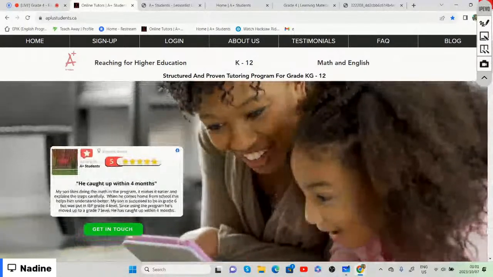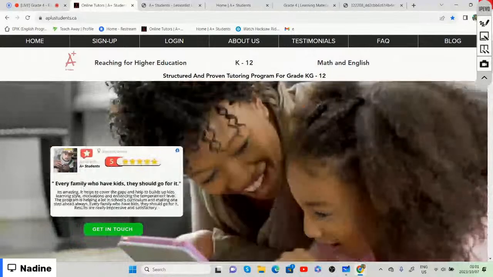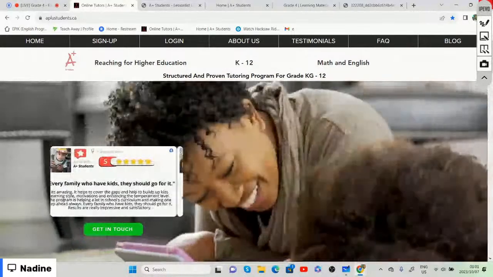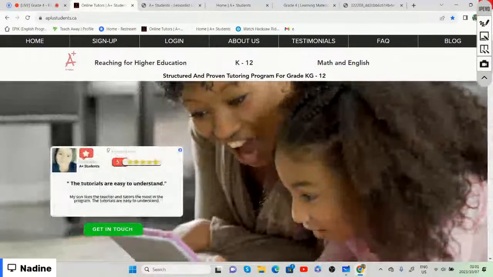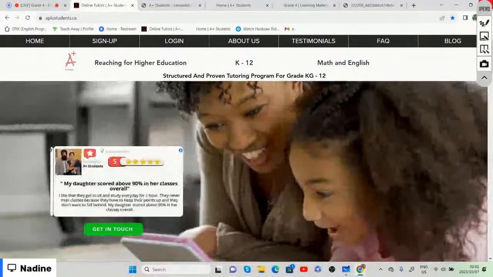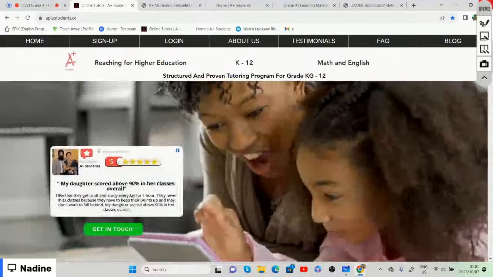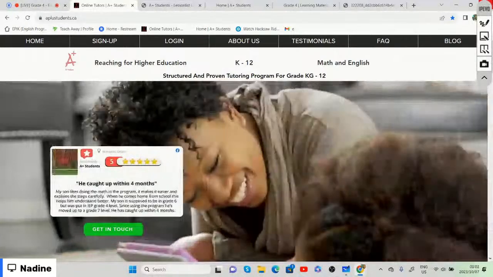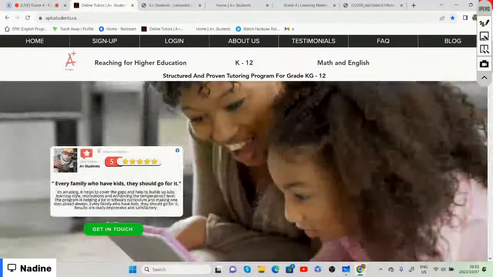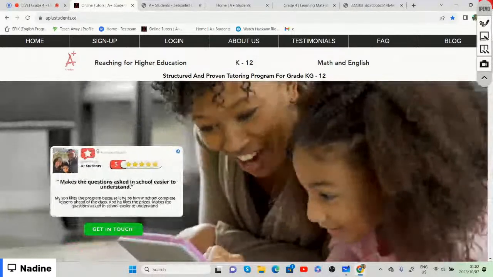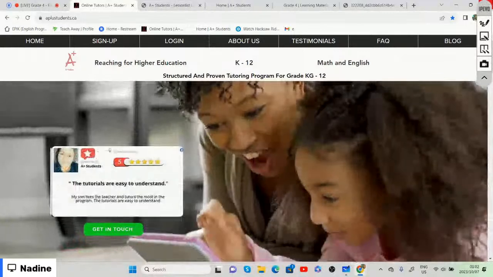Once we've logged into aplusstudents.ca with our username as well as our password, we are going to select the subject of language arts. And then we choose grade 4.